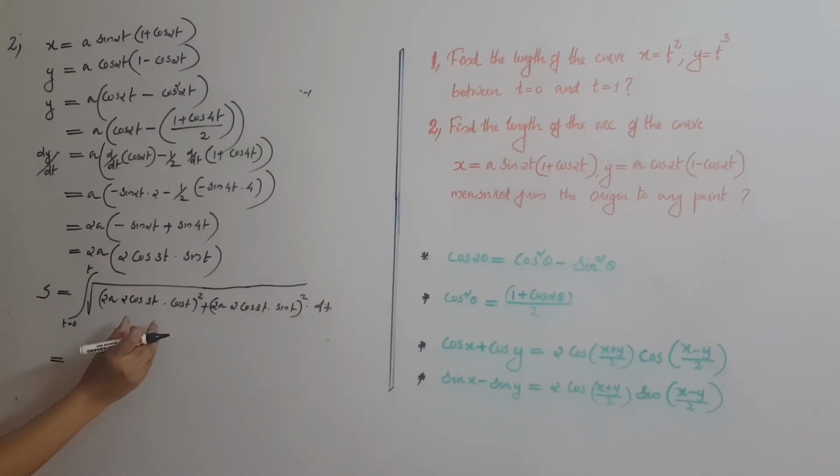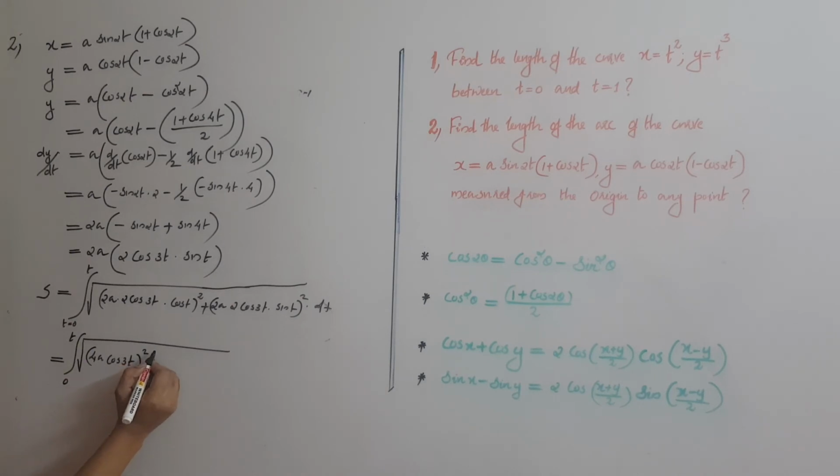Now take the common terms outside, then we get integral 0 to t, square root of (4a cos 3t) square into cos square t plus (4a cos 3t) square into sin square t into dt.